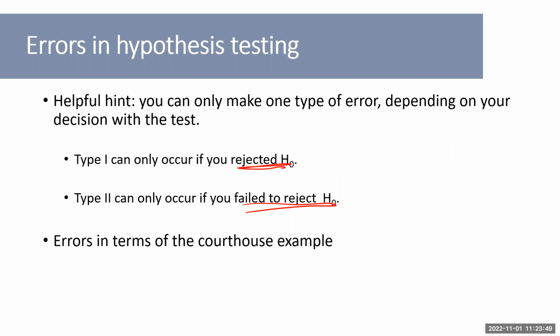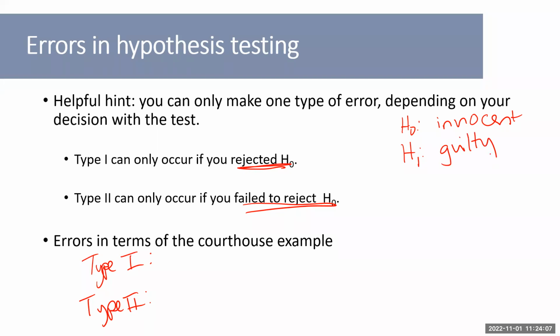In terms of our courthouse example, remember, let's talk about our hypotheses here. Remember that our null hypothesis is that the guy's innocent, and then our alternative hypothesis is that he's guilty, okay? The type 1 error means that we are going to reject the null when we should not, okay? So we're going to say, hey, we want to reject the idea that he's innocent and conclude that he's guilty, okay?